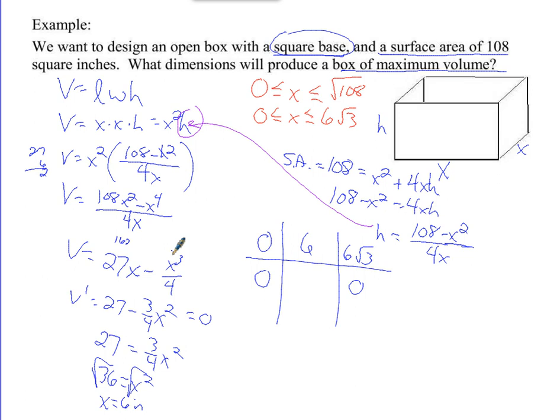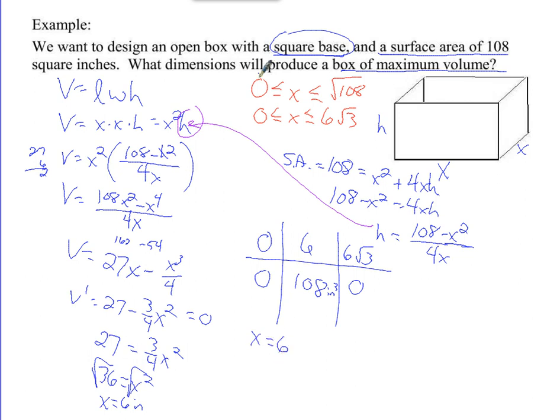Divided by 4. So we have 162 minus 54, which is 108. 108 inches cubed there. So there's your maximum volume right there. Okay? When x is 6. So x equals 6.